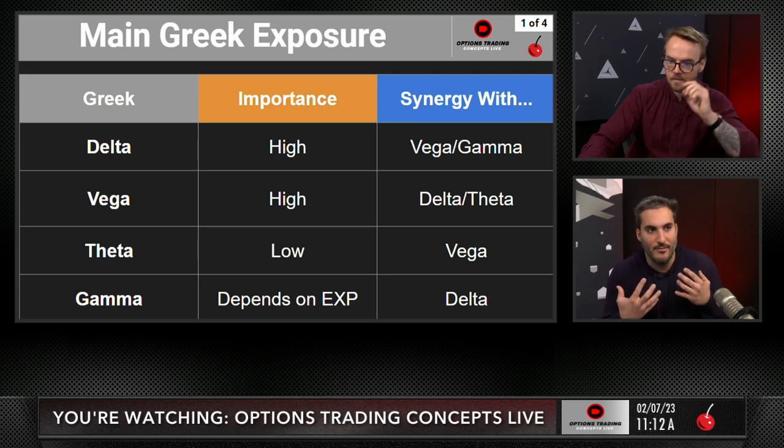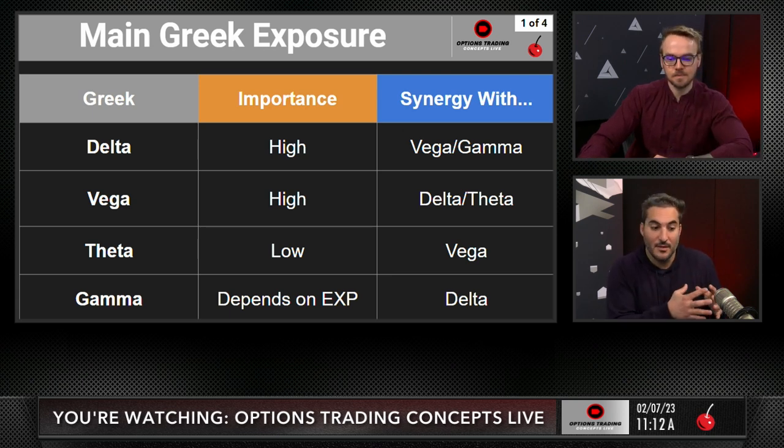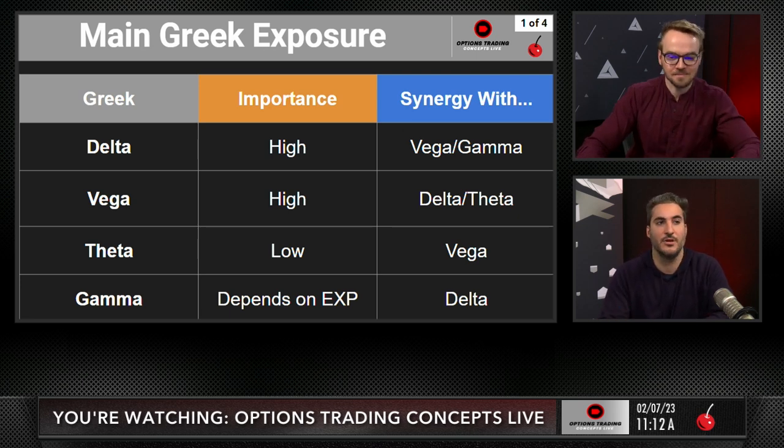So it relies heavily on the price of that underlying at expiration and that time passage through expiration. Here, when you're looking at delta, the changes in delta are going to mostly come from vega and gamma. When you're looking at vega, your changes in vega are going to have an effect on delta and theta.